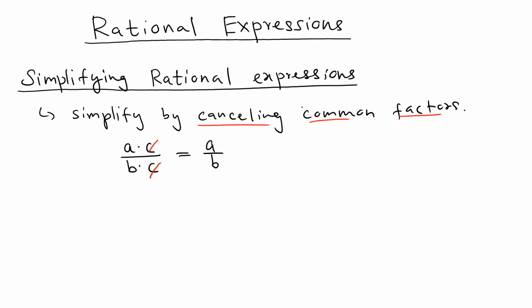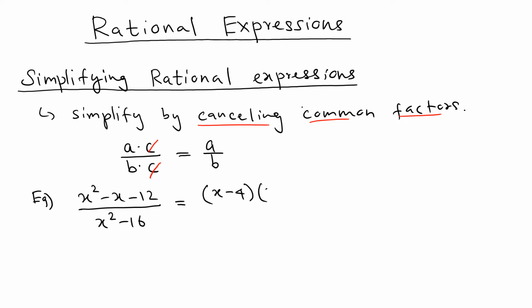So we can look at an example. Let's say we have x squared minus x minus 12 divided by x squared minus 16, and we know how to factor these kinds of expressions from the previous video. So we're going to factor the top. The factors of the top are x minus 4 and x plus 3.